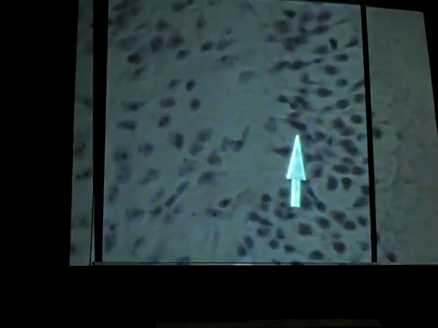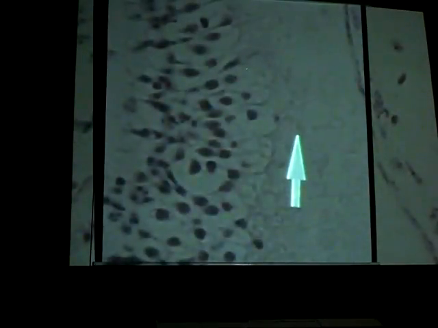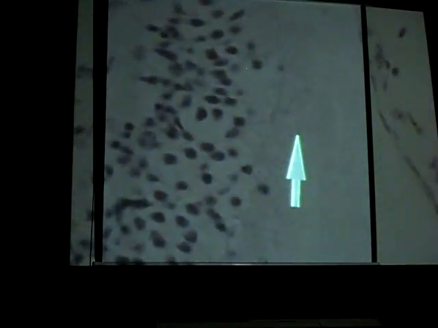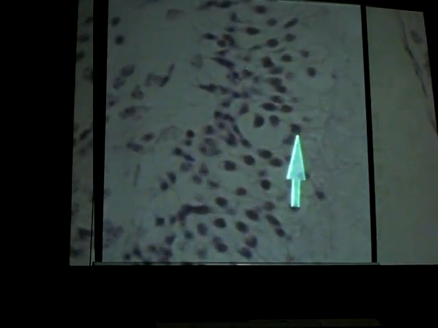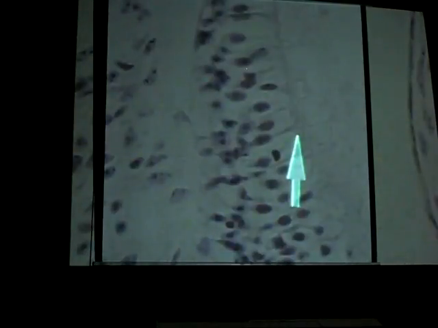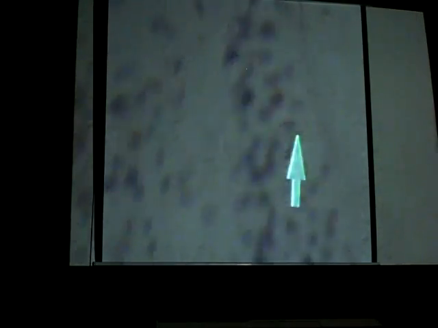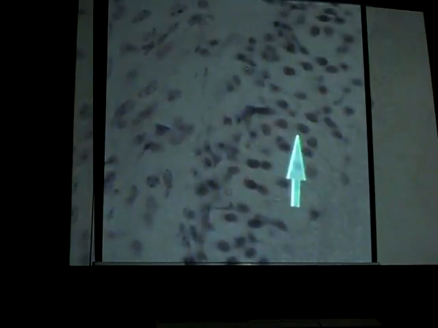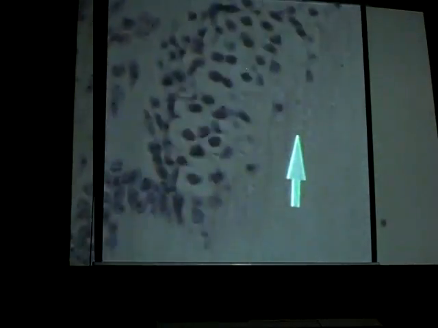If you look closely, sitting right on top of it, you have these little hairs sticking out above it. That's your otolithic membrane. And then you have these little dark structures sitting in it. Those are your otoliths.